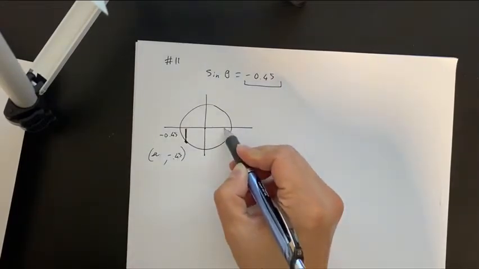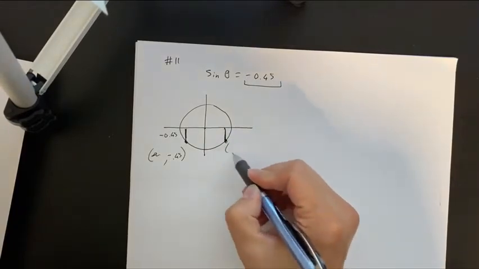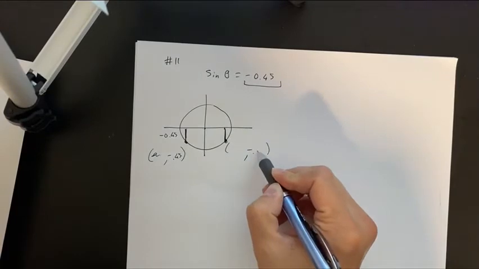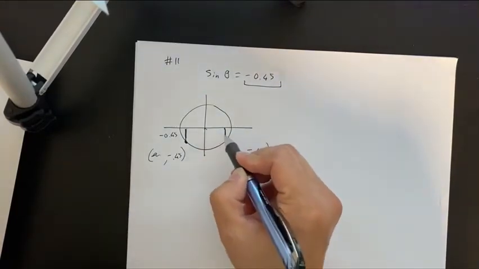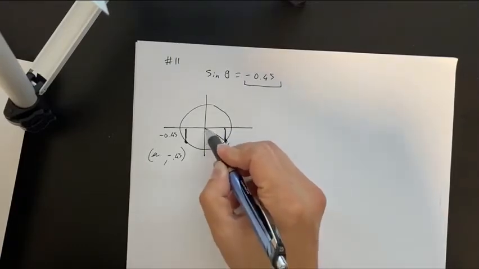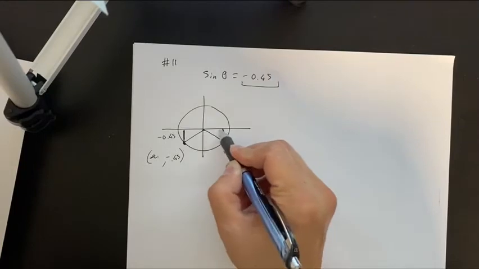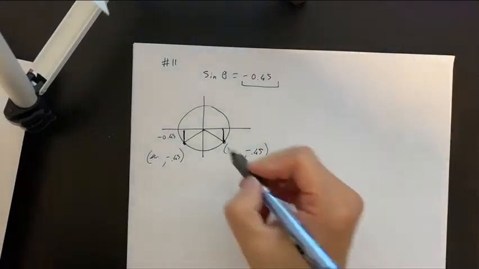There is also another position in the fourth quadrant where my y value is -0.45. It's not a nice triangle, so don't even try to figure out the sides of this triangle. You have to use your calculator.